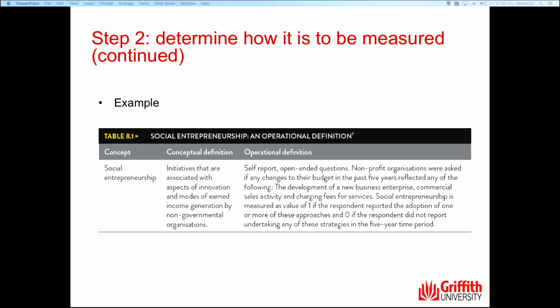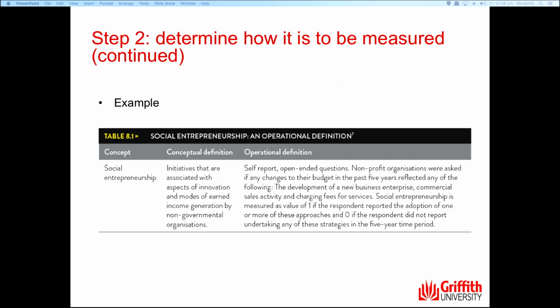And again, when we read the words social entrepreneurship, it now becomes clear, okay, so that's actually the definition of social entrepreneurship. Now the operational definition is self-report, and you have an open-ended question. Nonprofit organizations were asked if any changes to their budget in the past 5 years reflected any of the following: development of a new business enterprise, commercial sales activity, charging fees for service.